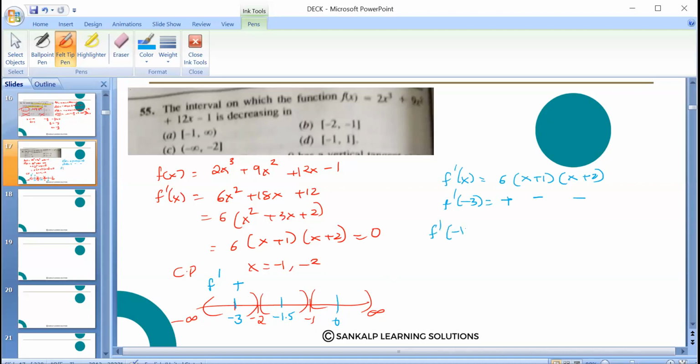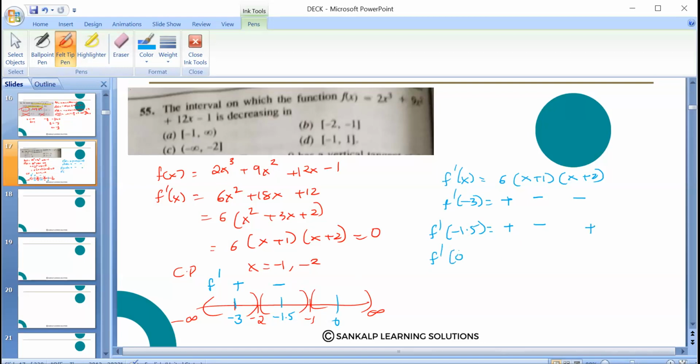When you put minus 1.5, 6 is positive, minus 1.5 plus 1 is negative, minus 1.5 plus 2 is positive. So f dash is negative.